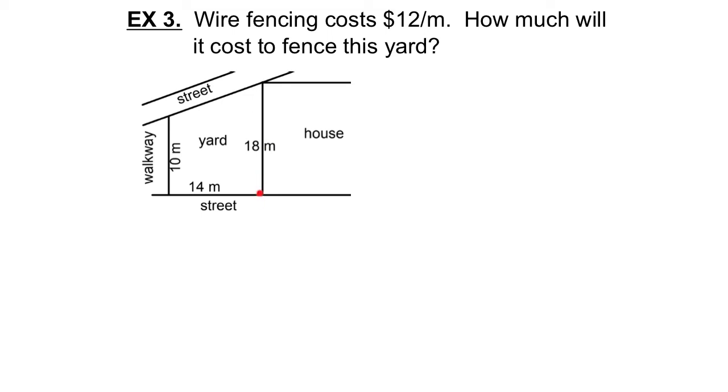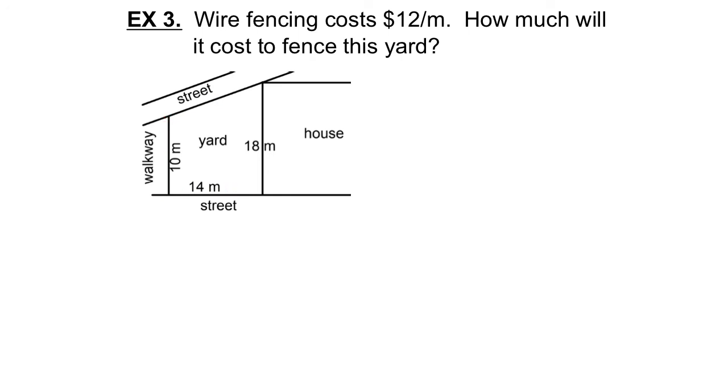It's 18 meters along the house, 14 meters along this street, 10 meters along this walkway, but I don't know how long it is along this street. So you're going to have to see if you can figure out how to determine this length right here, because you need that in order to figure out the amount of fencing that you'll need.